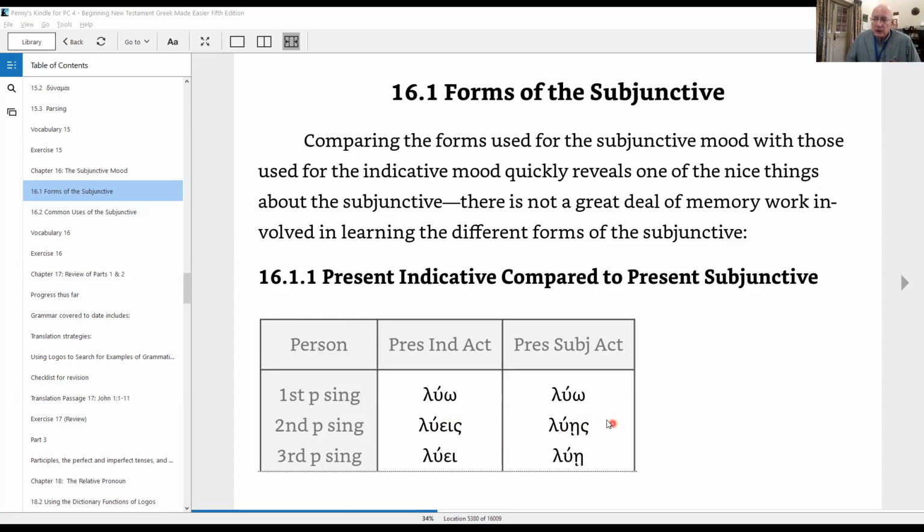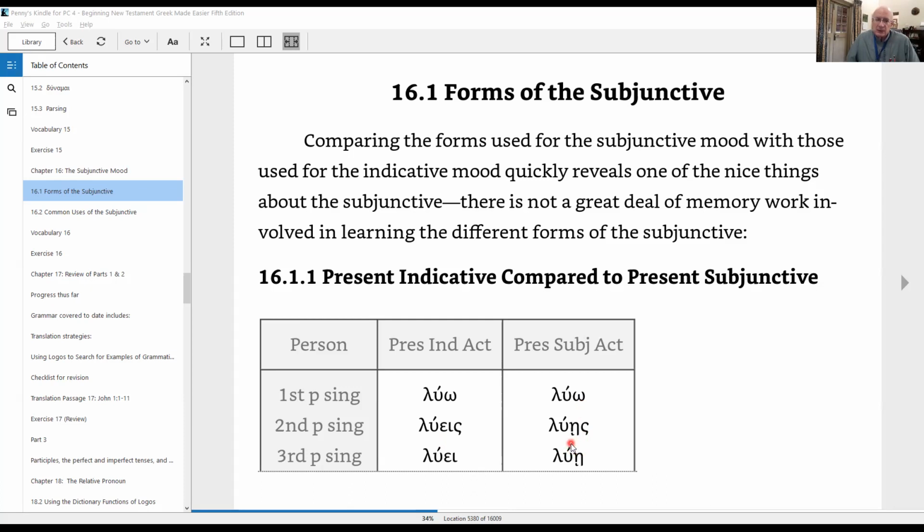Luo and luo. Not the case with the second person singular, then we change. What happens in the subjunctive is that the endings lengthen. O is already long, omega, so omega cannot be lengthened any further. It stays omega. But eis becomes eis with eta instead of epsilon iota.